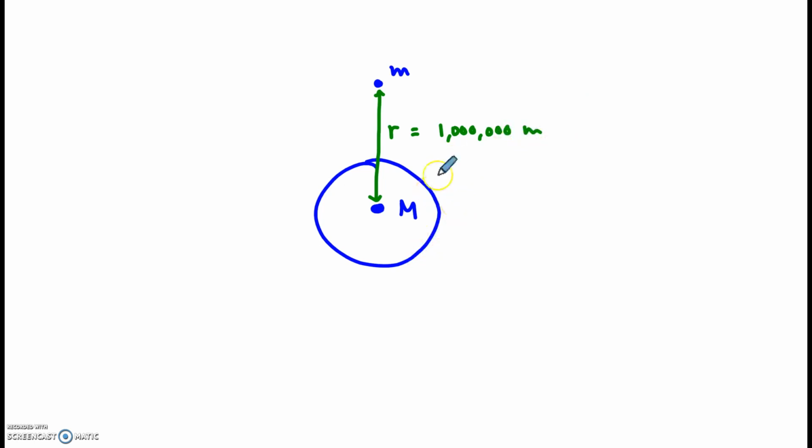The mass of the Earth is roughly equal to 6 times 10 to the 24 kilograms. The little m we don't need. What's the acceleration due to gravity right here, where this mass is located?